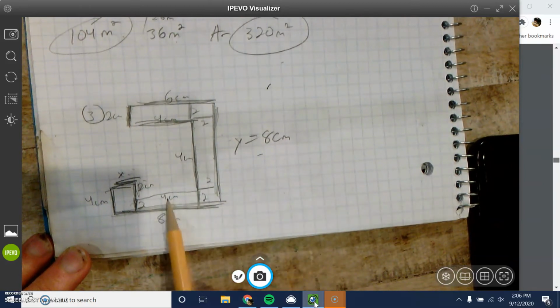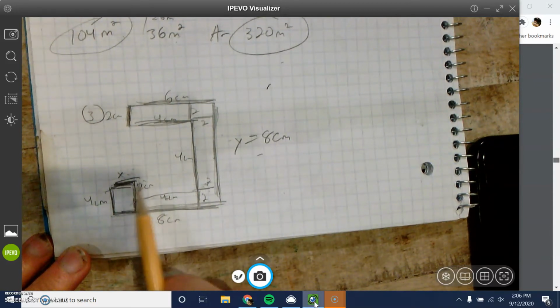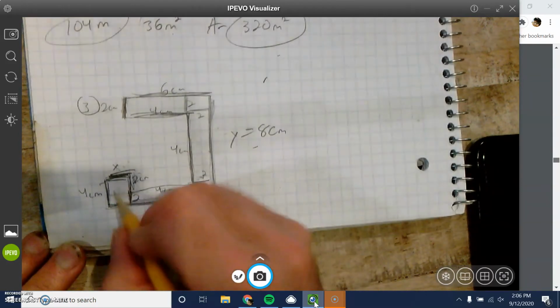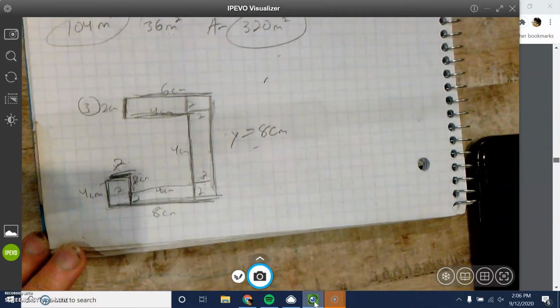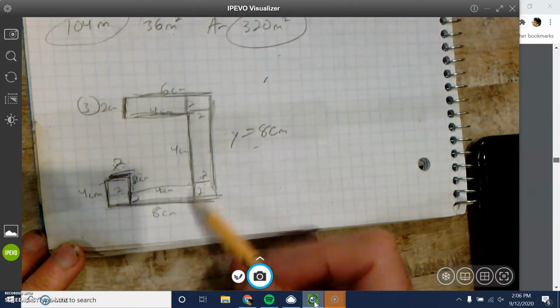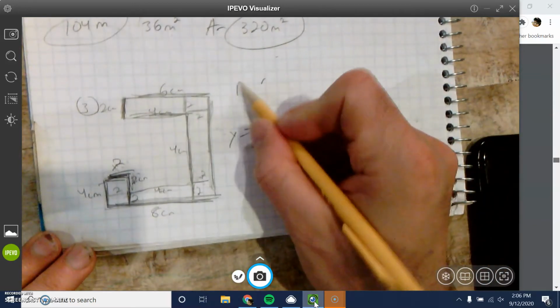And so this is 4 plus 2, which is 6. So 6 so far, and so what's this going to be? It's the same distance as this, right? 4 plus 2 is 6. 8 minus 6, which is 2. Here, 2 here, same thing. Got it. Okay, so now I found all my unknowns, so now I'm going to find my perimeter, which looks like it's going to be a lot.